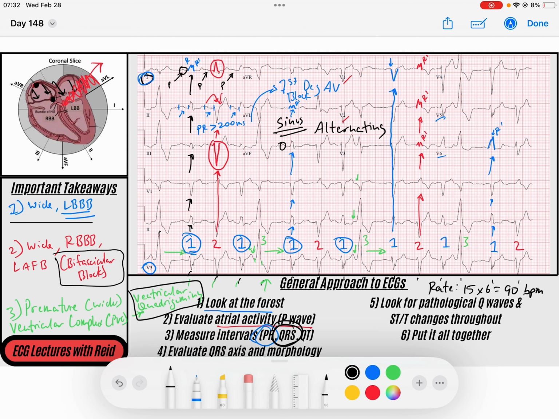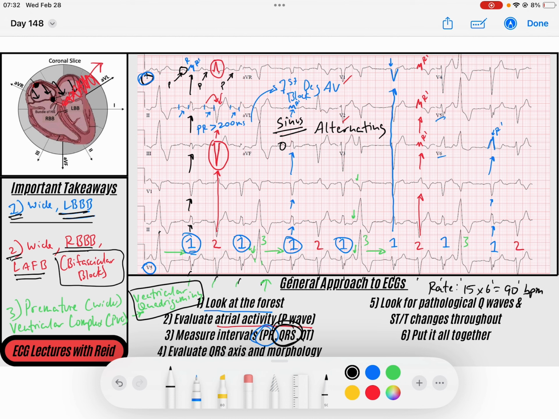And so what's happening is that with every single beat, this individual's conduction system is alternating in which aspects are refractory. So for the first beat, the left bundle is completely blocked. For the second beat, the left bundle seems to recover, but the anterior fascicle of the left bundle is continuing to be blocked, and this time our right bundle is blocked.